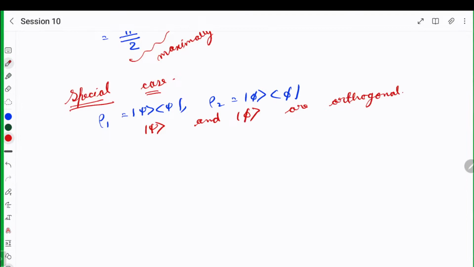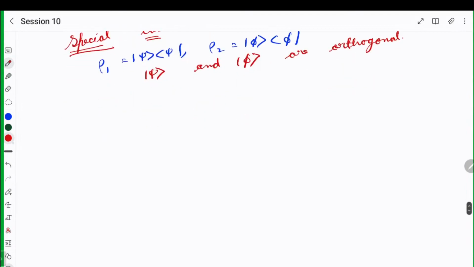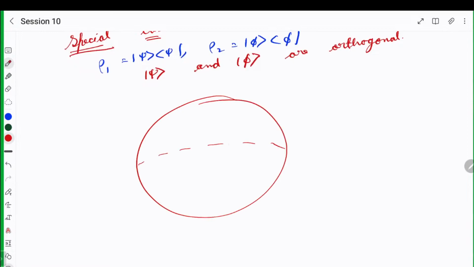In that case, what will happen? If you have the Bloch sphere, then we know that orthogonal states lie on the antipodal points of the Bloch sphere. So let's say if psi is here, then phi will be somewhere here.